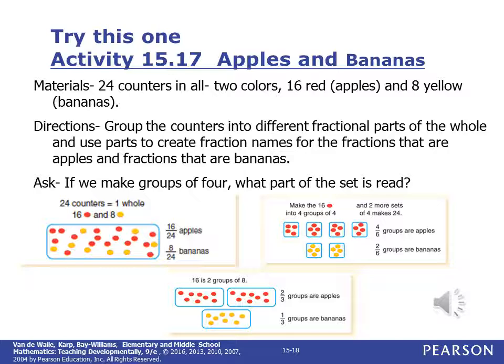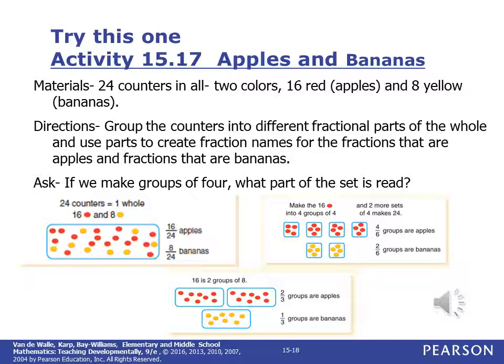And then you could say, all right, how about you make groups of 4 within each set of fruit. So the students might realize, I can make 4 sets of 4 apples and 2 sets of 4 bananas. And then when they write this as a fraction expressing the groups of apples to total groups of fruit, they have 4/6, and then for bananas they have 2/6.